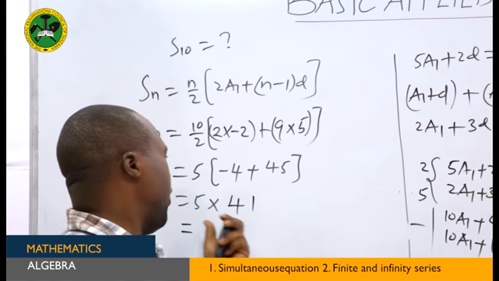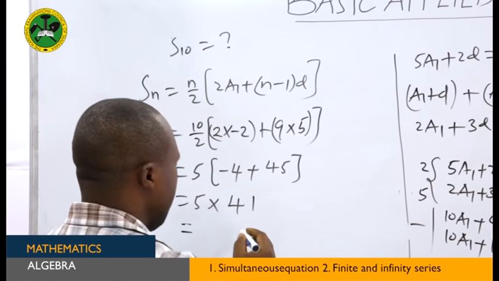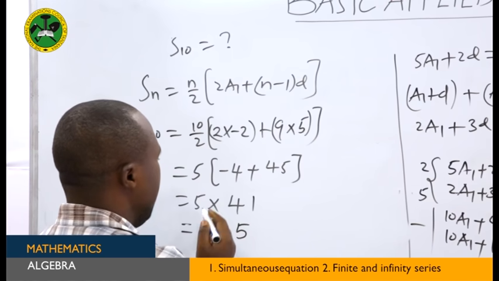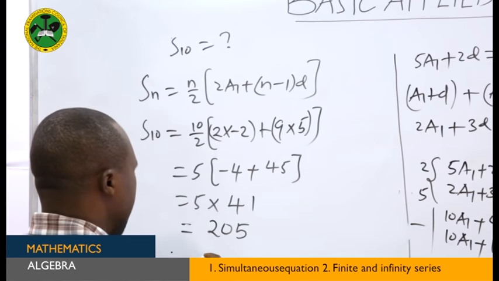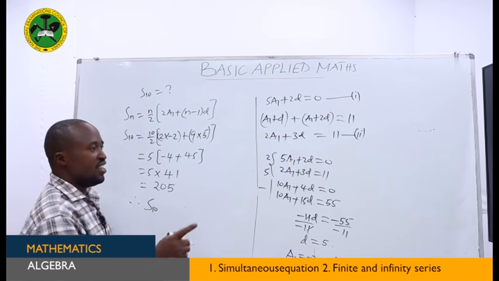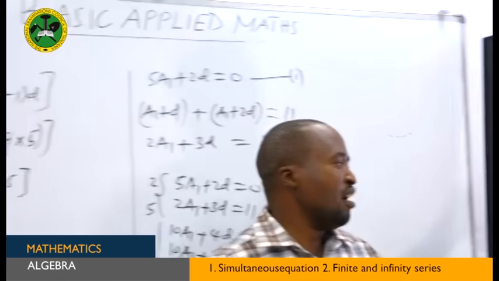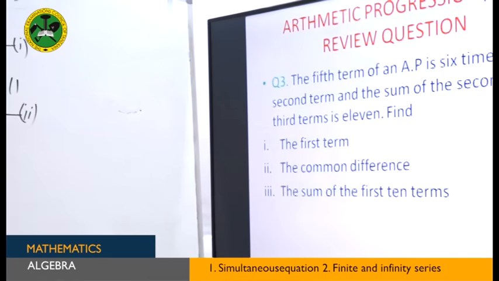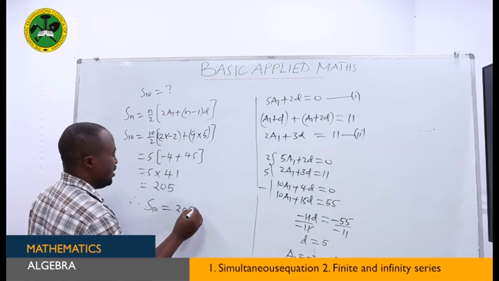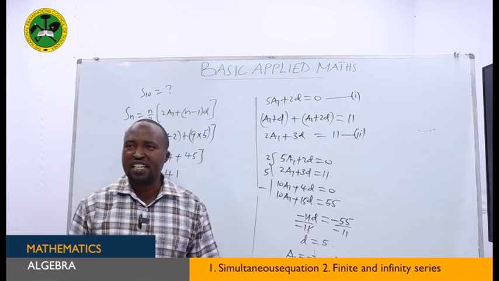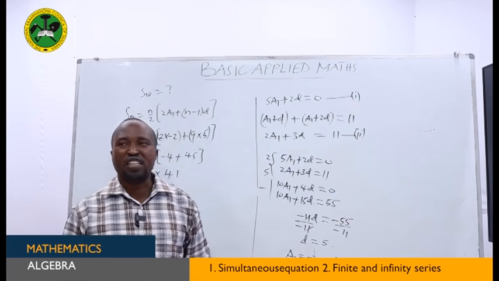So we have 5 times 41, that will be 205. Therefore, S of 10, the sum of the first 10 terms, will be equal to 205.